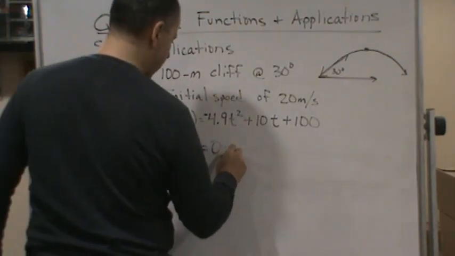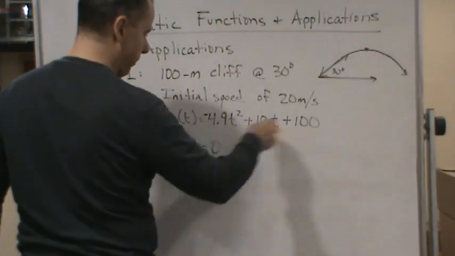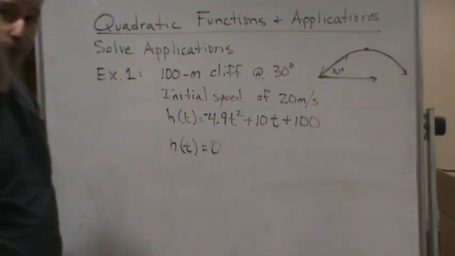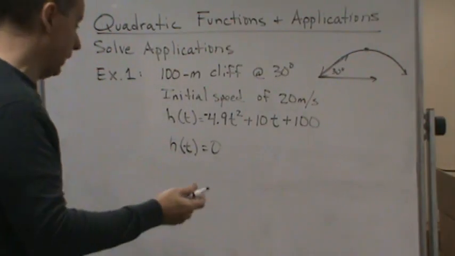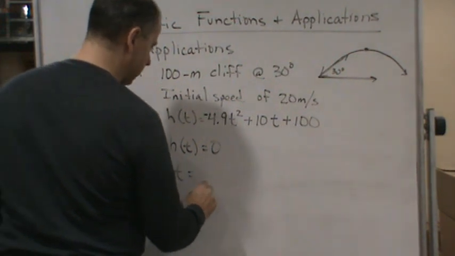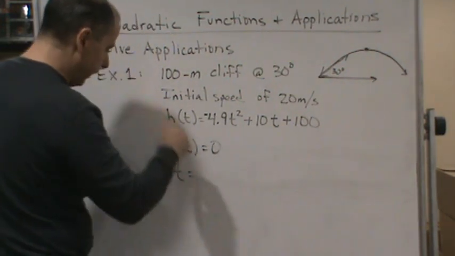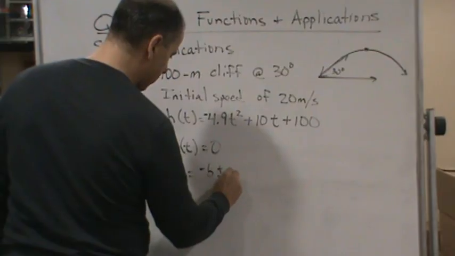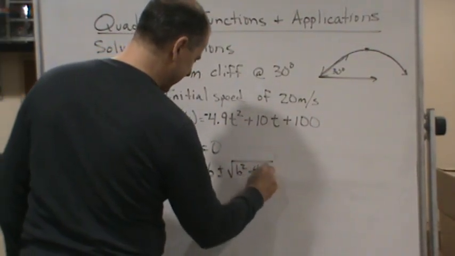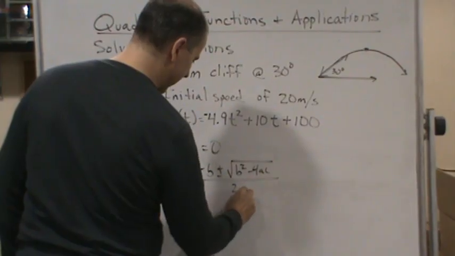And so in this case, because of the formula, we're definitely not going to factor that. That's not going to be factorable, okay? I definitely will use the quadratic formula in this case. So t equals negative b plus or minus the square root of b squared minus 4ac, divided by 2a, right?